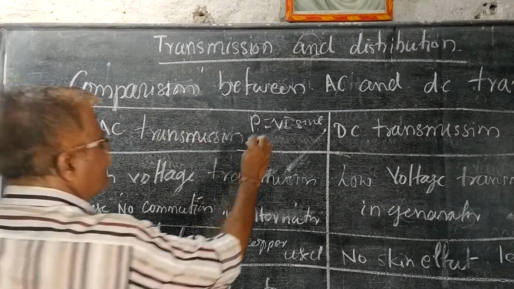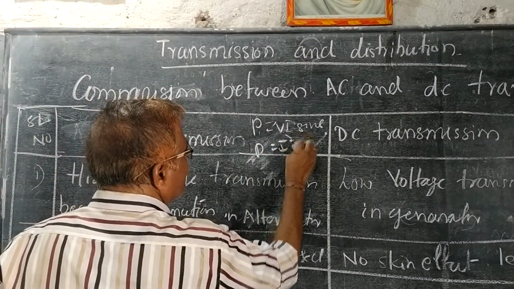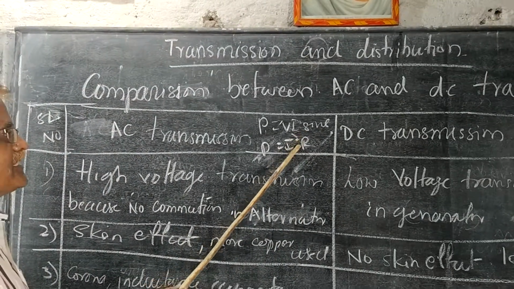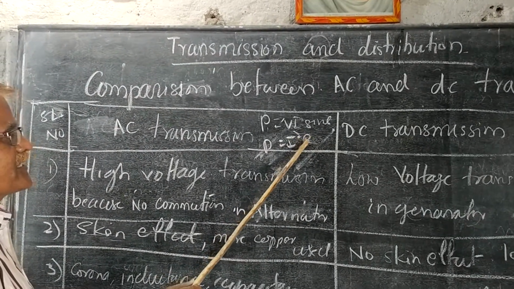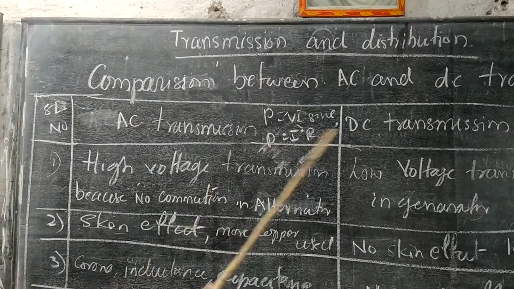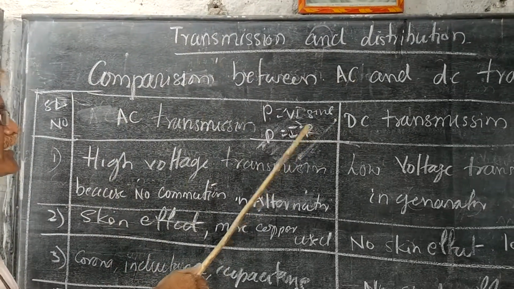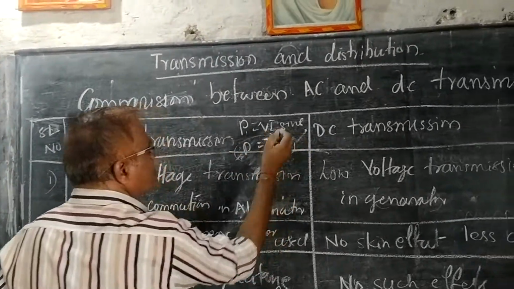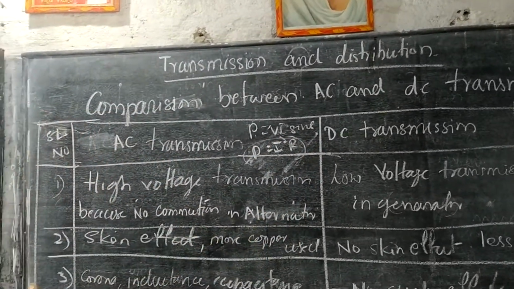That is, P is equal to I squared R. As the current decreases, the loss decreases, where R is the conductor resistance of the transmission line. So due to that reason, the power loss is reduced by higher voltage.